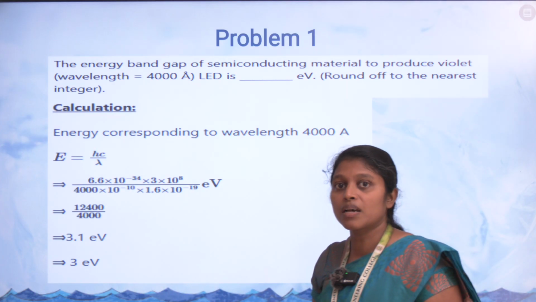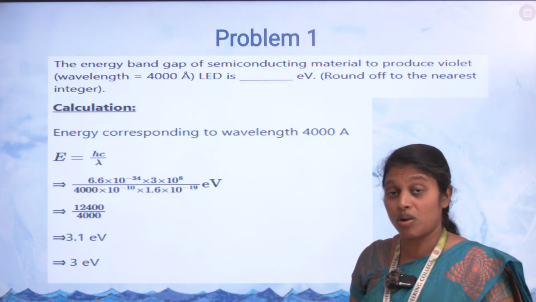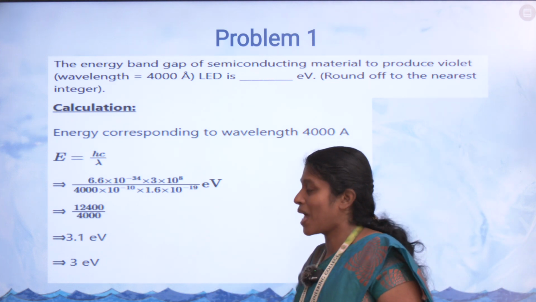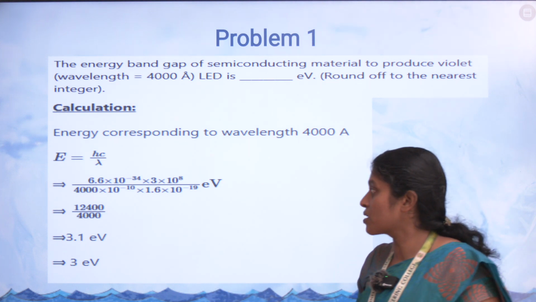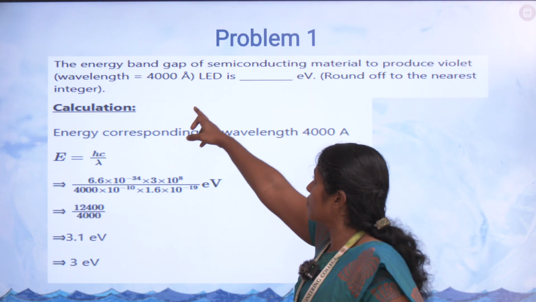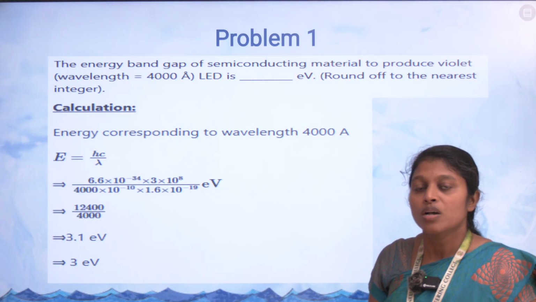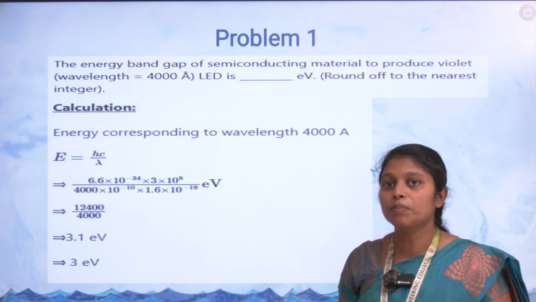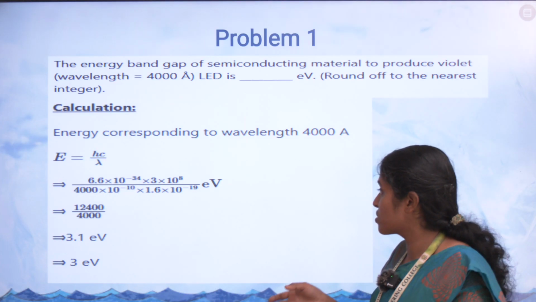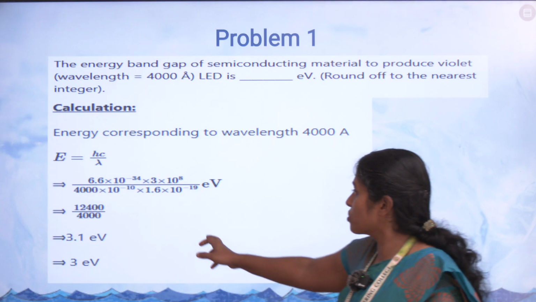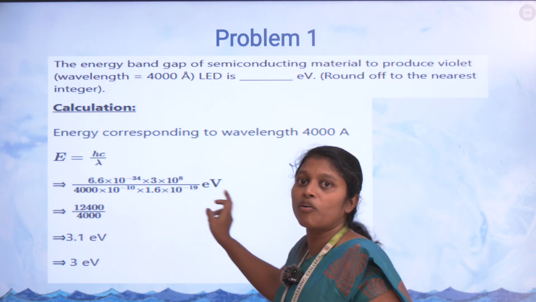The velocity of light is a constant value, given by 3 into 10 to the power 8, whereas Planck's constant is given by 6 into 10 to the power minus 34. The lambda value is given as 4000 Angstrom. We know that one electron volt equals 1.6 into 10 to the power minus 19 Coulomb.